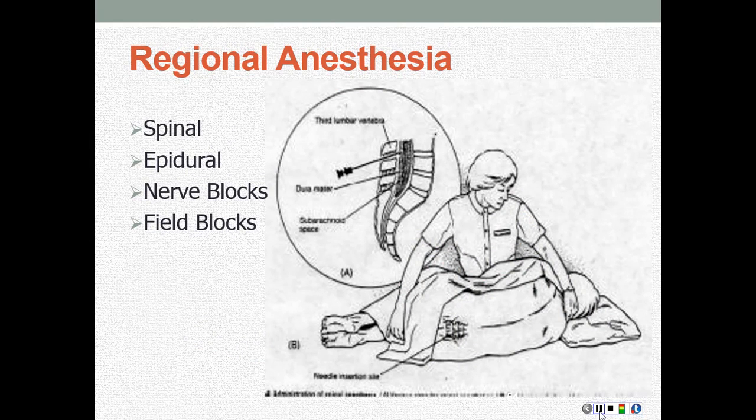When you have a field anesthesia, you're blocking the field around the surgical area. Nerve blocks is where you're actually injecting the nerve or around the nerve that supplies the area that you're going to be doing the procedure on.